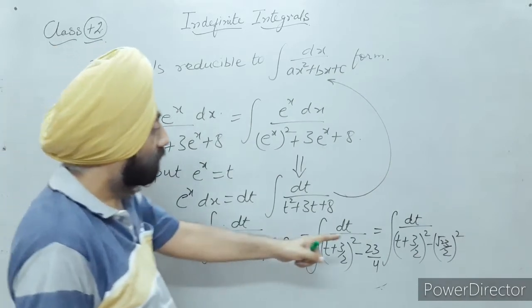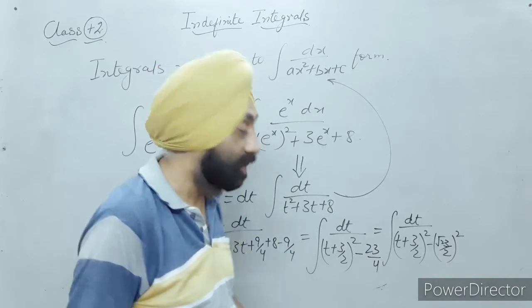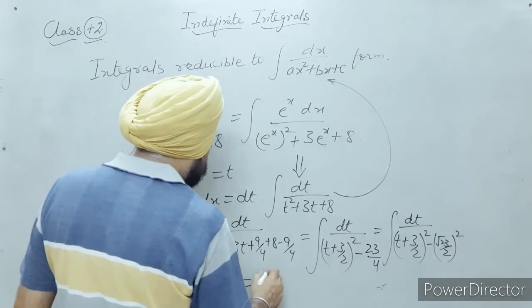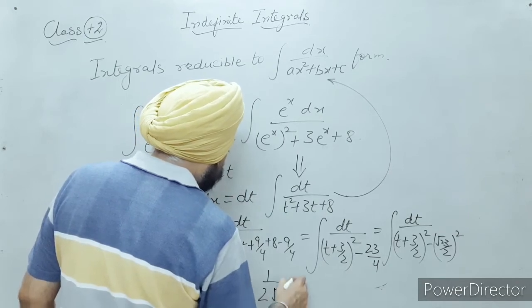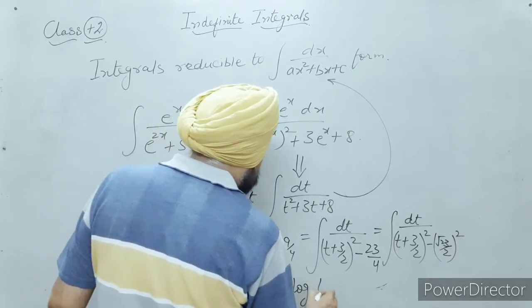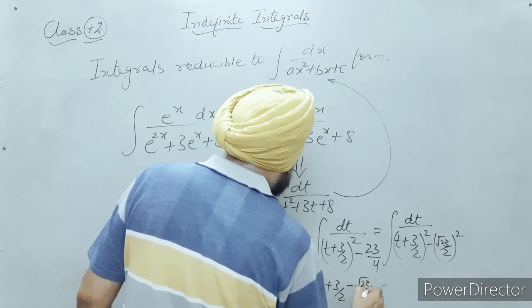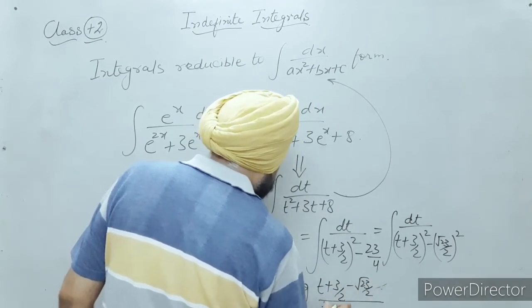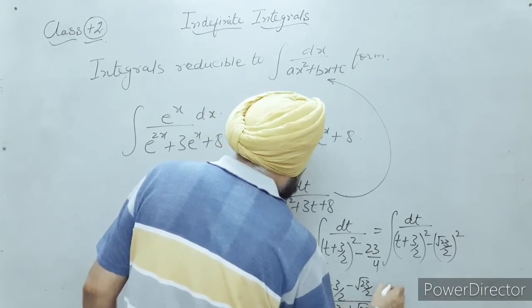Right? Now it is the x square minus a square form again. The formula is 1 over 2a log of (x minus a) upon (x plus a) plus c, with a as root 23 by 2.